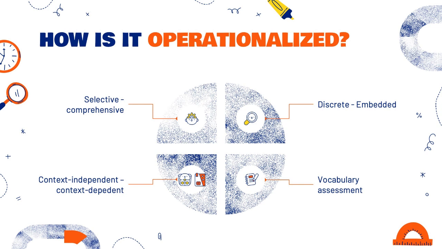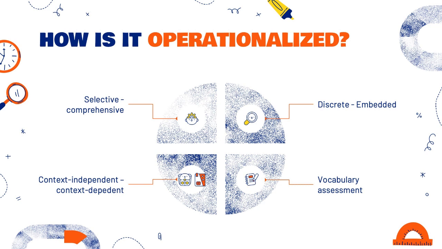Context independent, context dependent. The role of context, which is an old issue in vocabulary testing, is the basis for the third dimension. Traditionally, contextualization has meant that the word is presented to test takers in a sentence rather than as an isolated element. From a contemporary perspective, it is necessary to broaden the notion of context to include whole texts, and more generally, discourse.